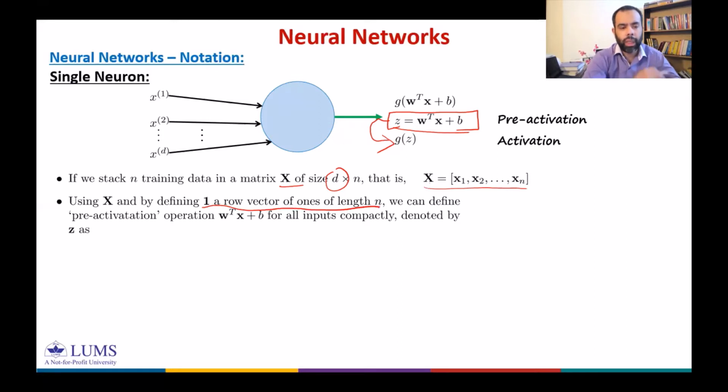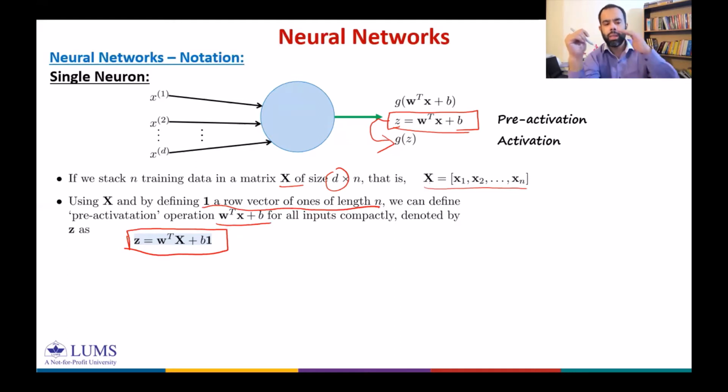So for one input, we had W transpose X plus B. If we have n inputs stacked in a matrix X, Z would be W transpose capital X plus B1. So what is Z? Z is a vector containing Z1, Z2, Z3, Z4, up to Zn, where Z1 is the pre-activation output for input X1.